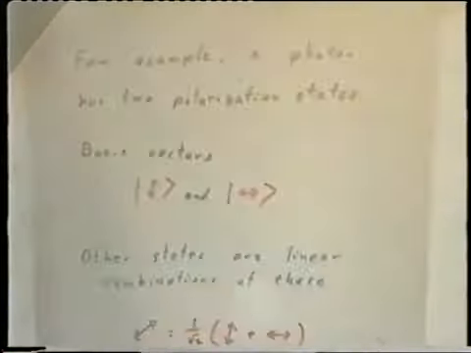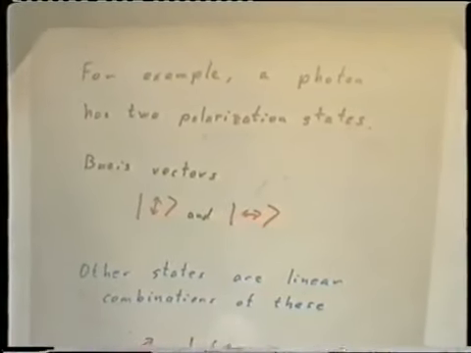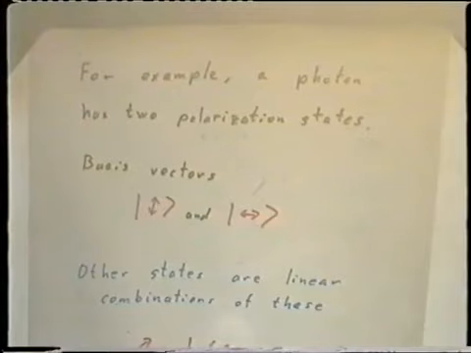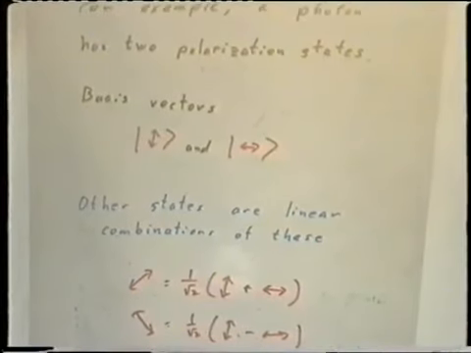An easy example now. If you have a photon and you look at the polarization of the photon, there are two-dimensional quantum systems, so you can have basis vectors, vertical and horizontal polarization. Other possible polarizations are all linear combinations of these.